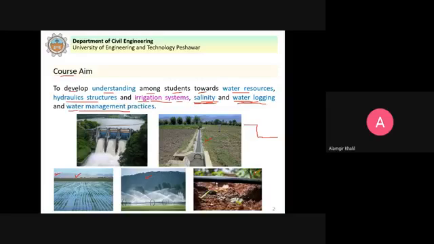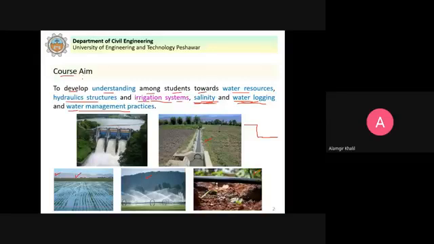Similarly, water management practices include how to produce more food with less water, how to better manage the surface water, and how to better manage the groundwater to make it more useful in meeting the water demands.